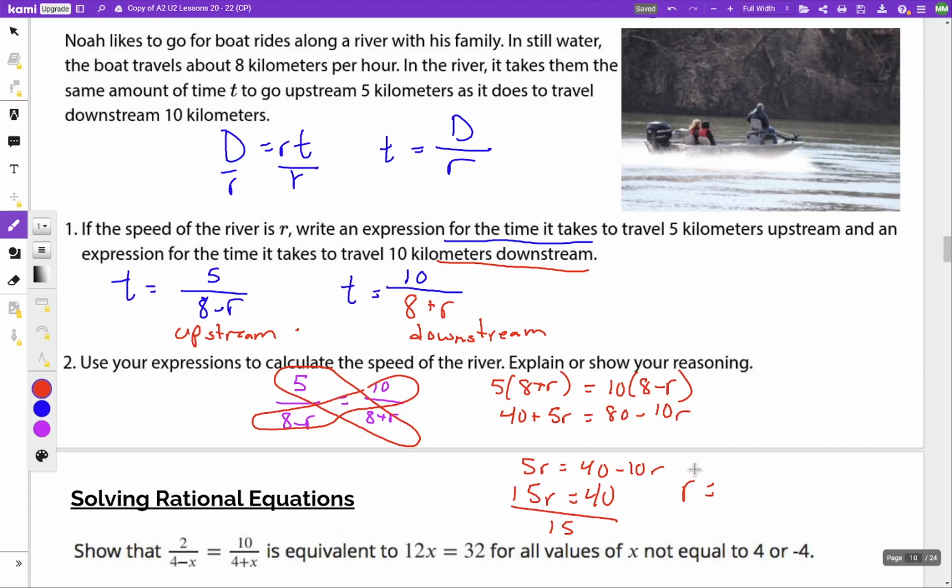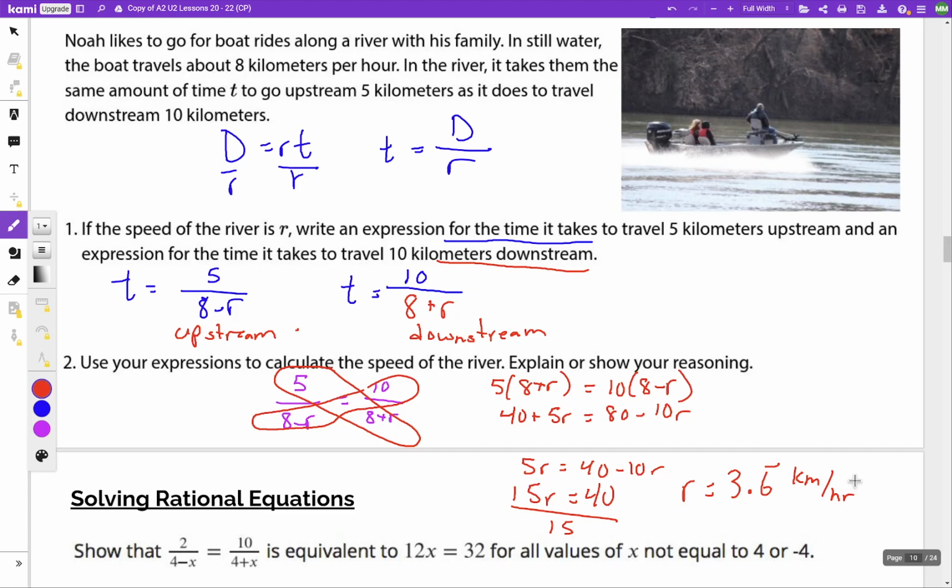which is going to be 3.6 repeated kilometers per hour. So that's how fast the river is going. So about 3.6. That's kind of interesting when you look at it that way. And when I think about it, I'm trying to put these numbers together. So 8 plus r is going to be 11.6.